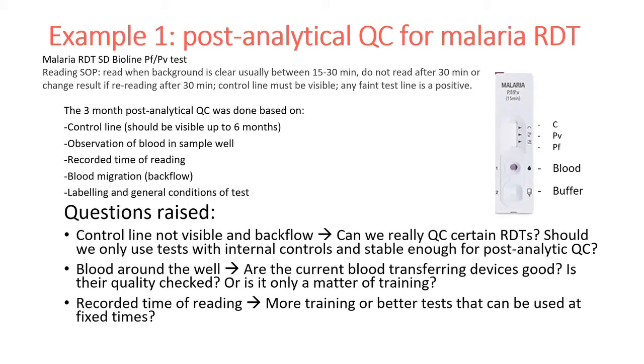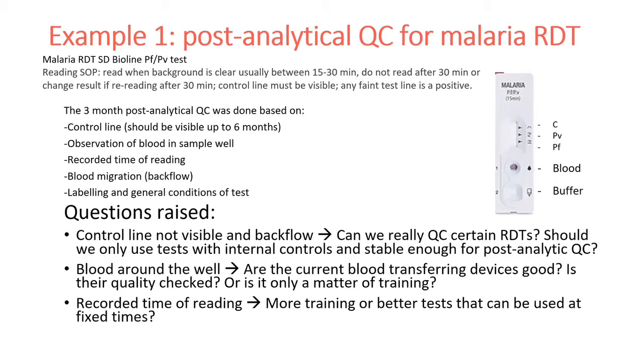You have the blood well where you load the blood sample, then the buffer well where you load the buffer, and then the blood migrates. You will have a control line showing when the test is valid, and a Pv or Pf line, or both lines, depending on the sample.